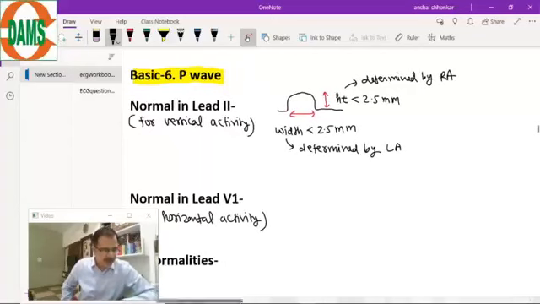there is still a problem, so it is not okay. So what we'll do, we'll finish here, and we'll start tomorrow from the P wave basics.